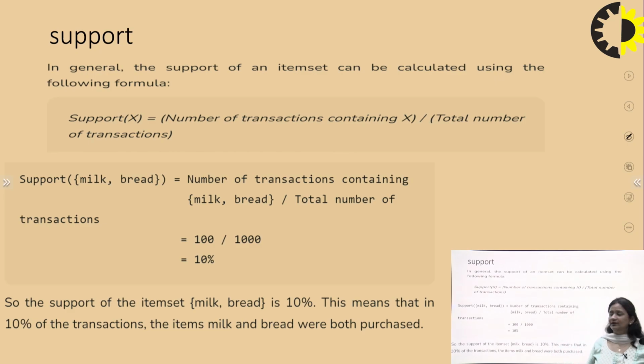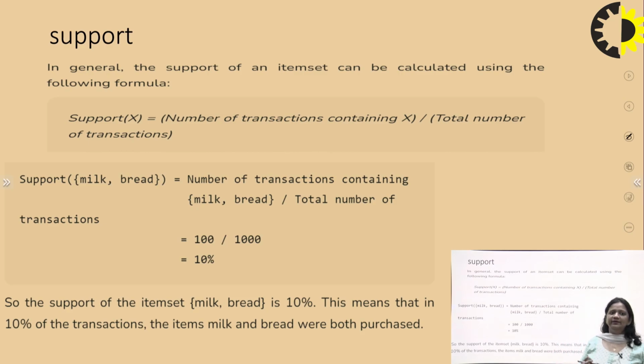So how do we calculate the value of support? In general, the support of an item set can be calculated using the following formula: support of X equals the number of transactions containing X divided by the total number of transactions.